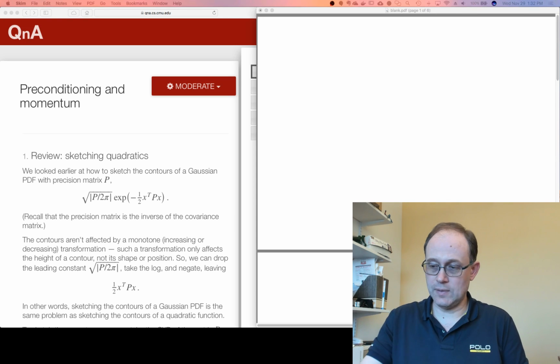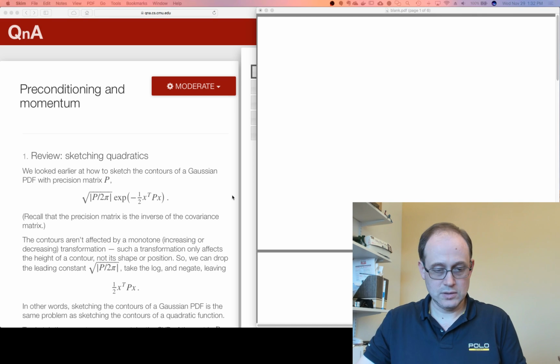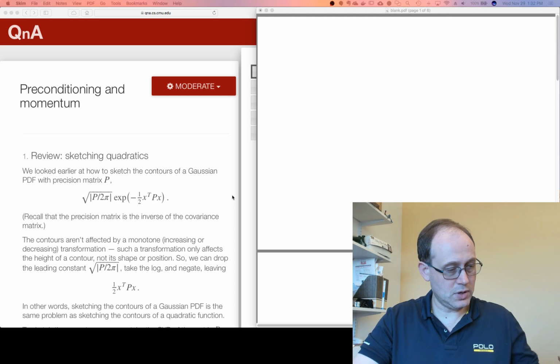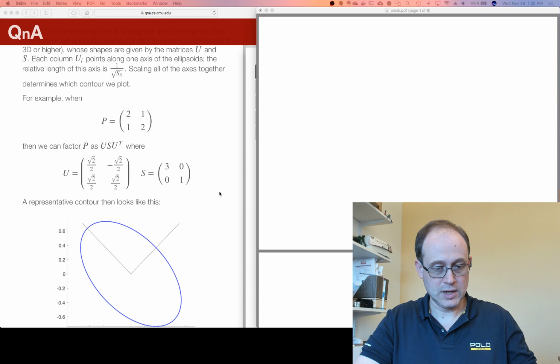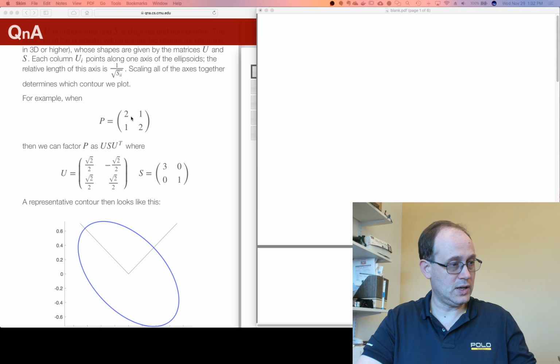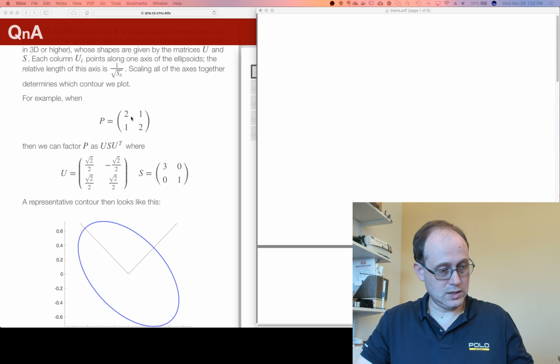And so we defined the condition number of a problem, which is, if you take the singular value decomposition of the Hessian matrix, you take the matrix of singular values and take the ratio of the largest to smallest.